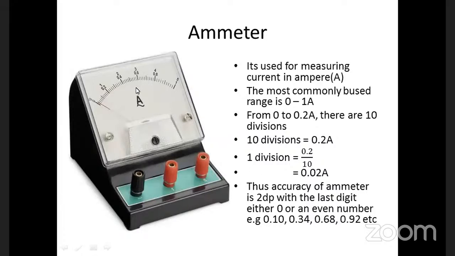Now I want to give an example, and I am posing a question here. What if the pointer here is on the 0.6 mark there, and we wanted to determine the reading by using the method that I've just told you, by first finding the number of divisions, then later you multiply by 0.02.